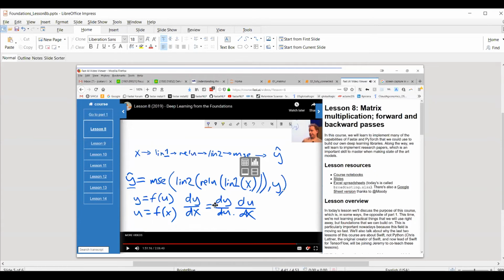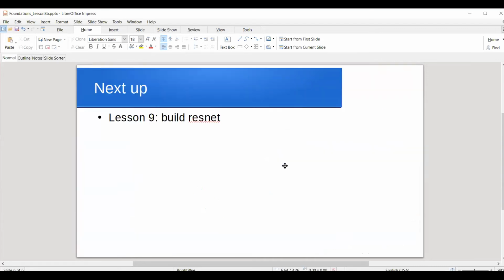So the chain rule is basically a product of derivatives, and you can use it to get the derivative of the mean squared error with respect to any of the parameters, by which I mean the elements of the W and B matrices, W1 matrix, W2 matrix, B1 vector, and B2 vector. The chain rule is the tool that allows you to get these derivatives, and that's going to be used in this backwards path.